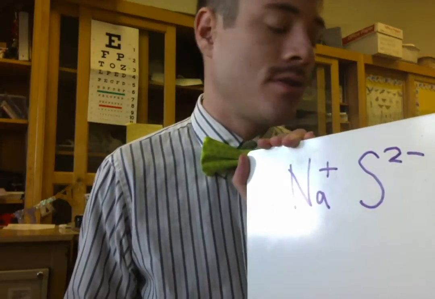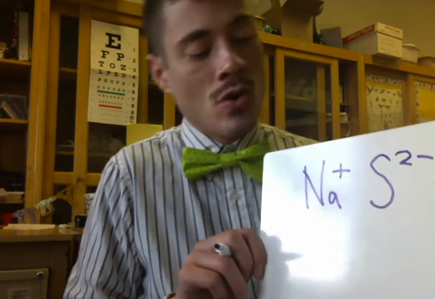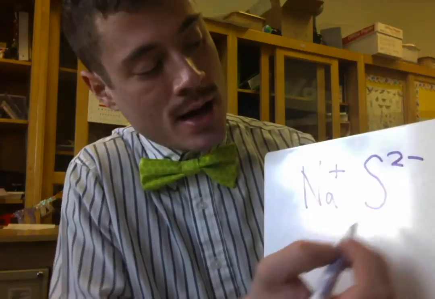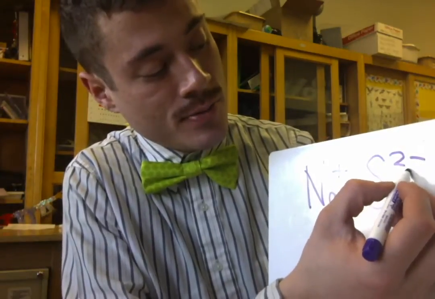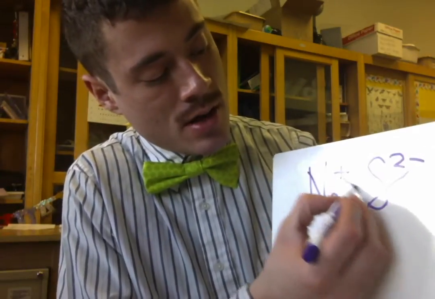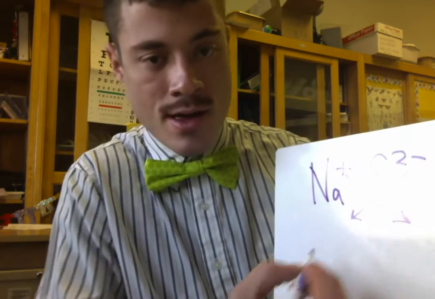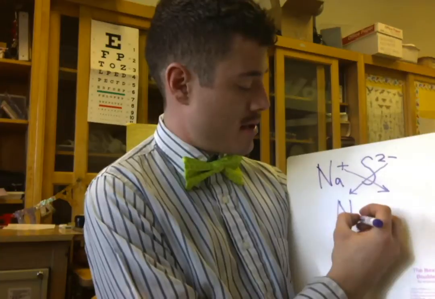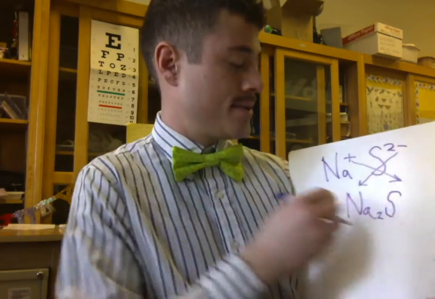Alright? So, going from there, we know that we need to crisscross these charges down. So we put this one down here, put that one down there, and we get Na2, and just the S is now by itself.